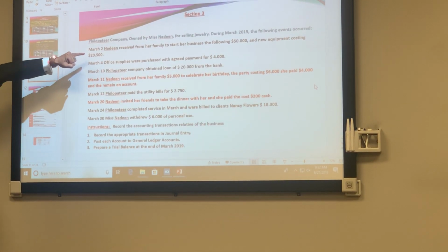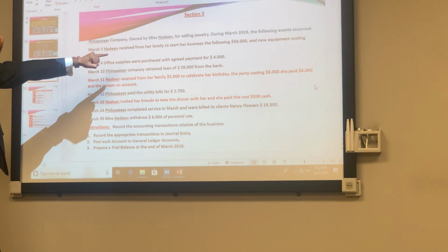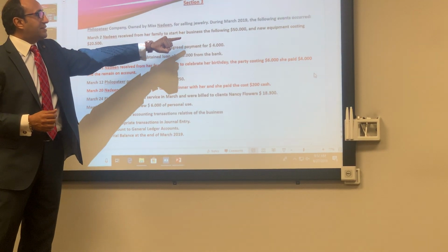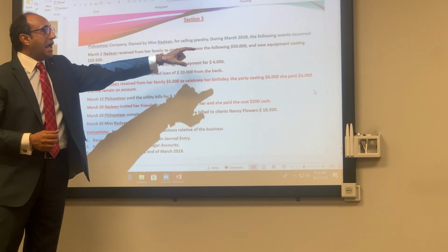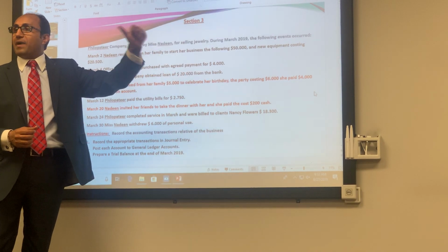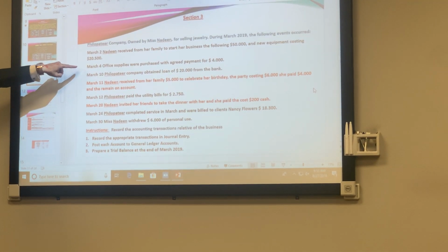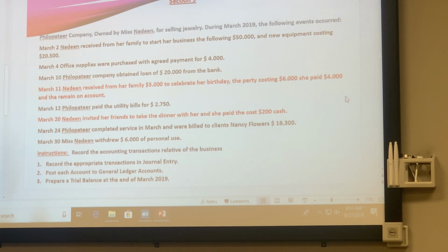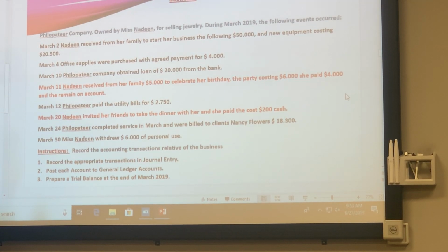March 2: Nadine received from her family $50,000 and new equipment costing $20,500 to start her business. So in this transaction, we have 2 or 3 sides.